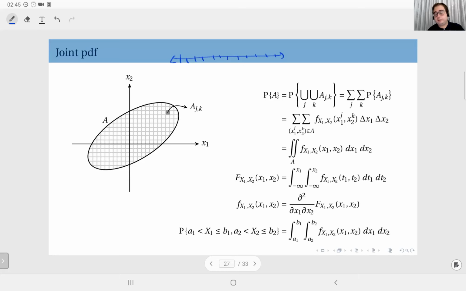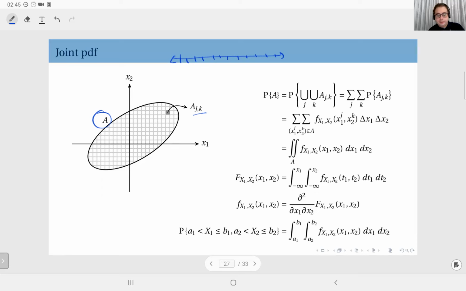And in 3 dimensions, that would be infinitesimal cubes and so on. So what we are doing is we are actually concentrating probabilities in each of these small infinitesimal areas, denoted A sub jk for the event A, so that we are essentially approximating a continuous distribution with a discrete one.